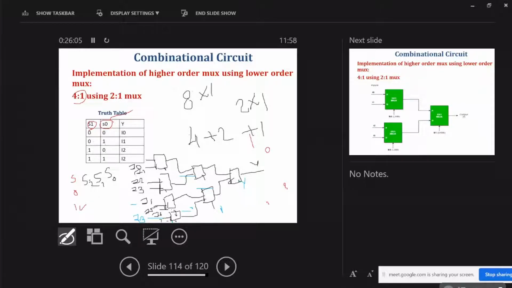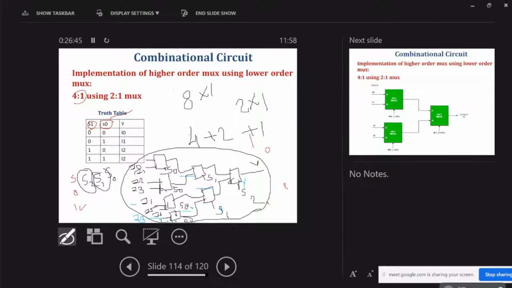S0 is the LSB, so it goes to the first level of muxes. Next, S1 goes to the second level. And the MSB, S2, goes to the next level of muxes.